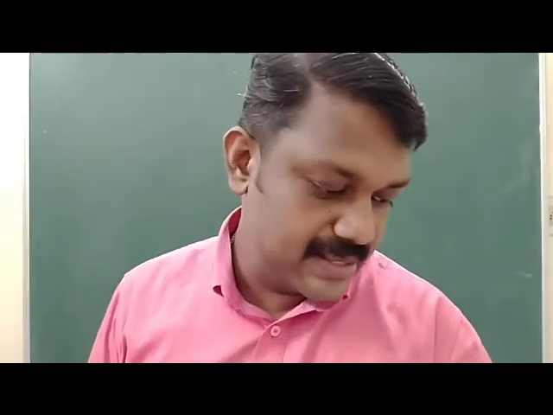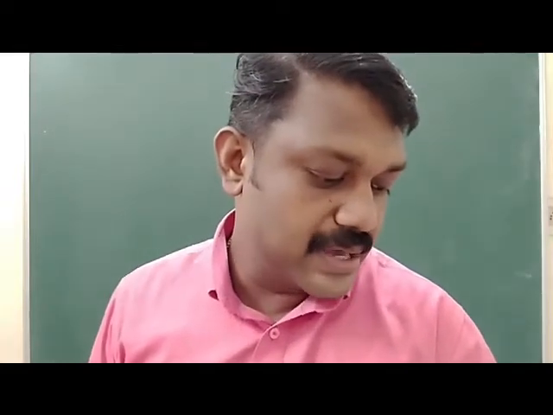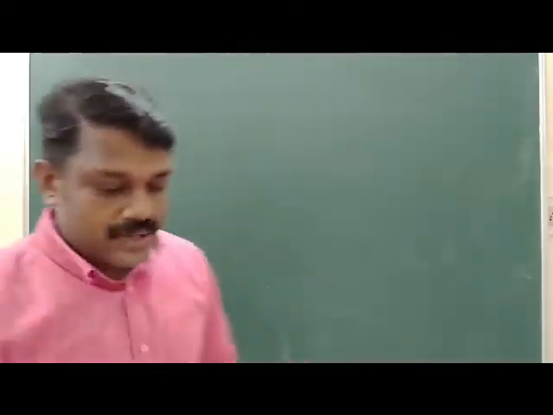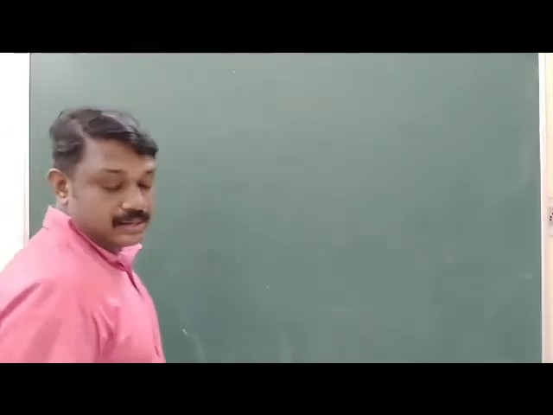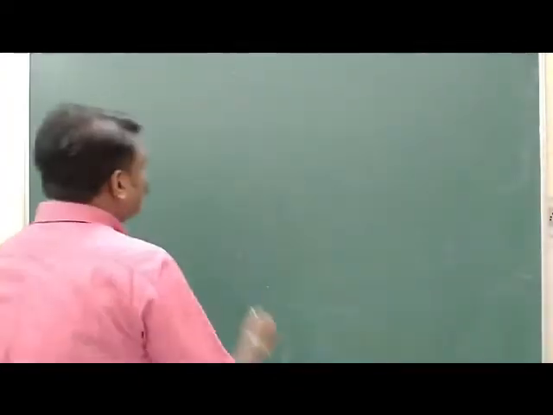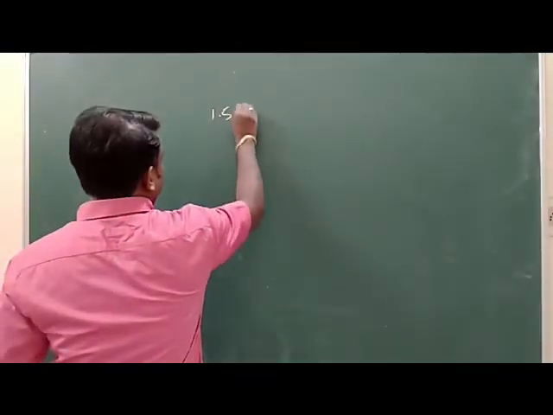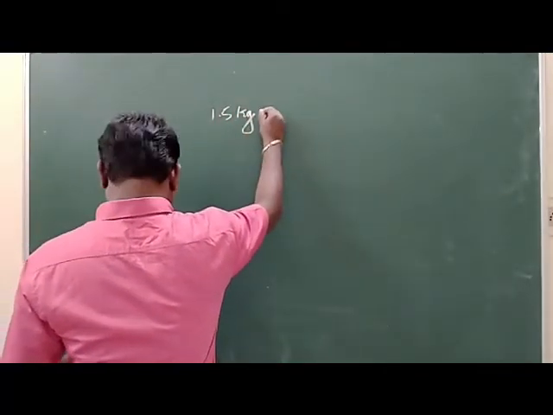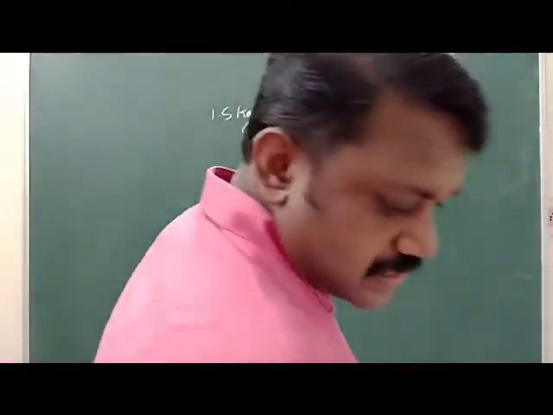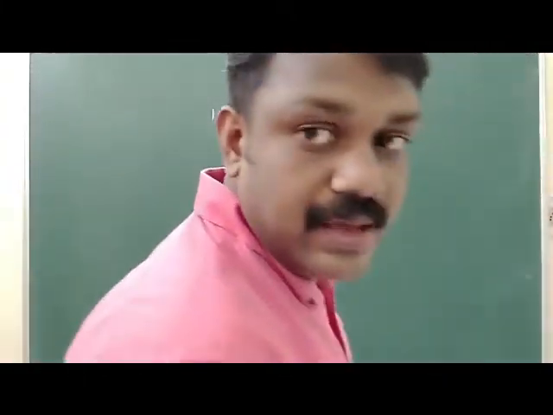Again, you have to add these two numbers and get the correct answer for the correct significant figures. So significant figures is the important key term there. Which are the numbers to be added? 1.5 kilogram, that is the weight of the box, then 4.31 gram.